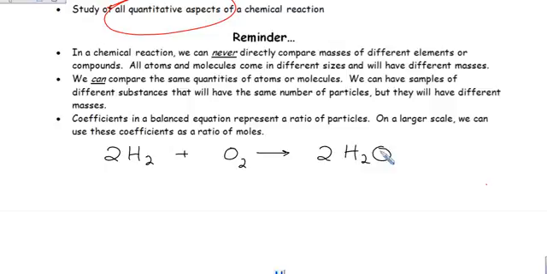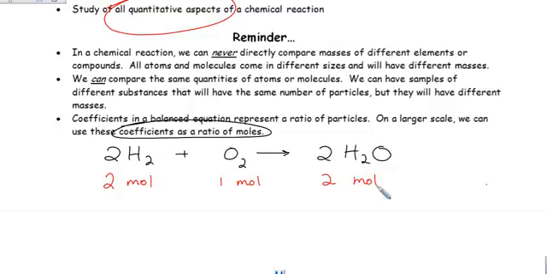So instead of reading it as a ratio of atoms or molecules, we're going to use the mole. The mole is back, yes. So if I read these coefficients as a ratio of moles, we could say 2 moles of hydrogen react with 1 mole of oxygen to produce 2 moles of water.